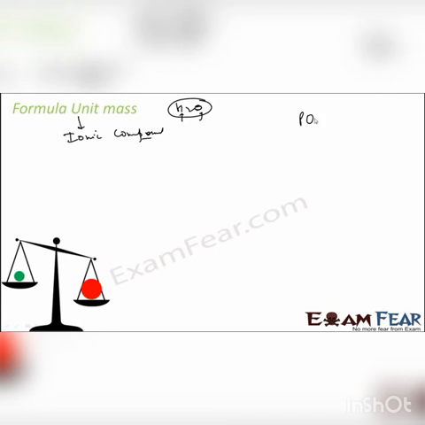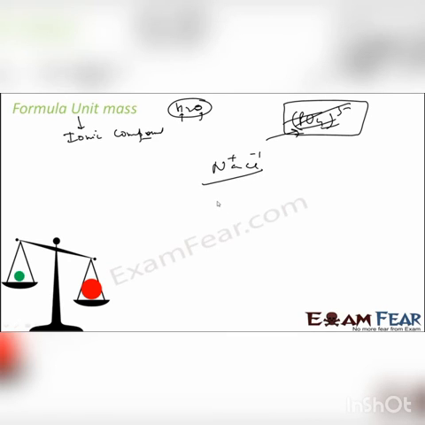Example, let's suppose PO4 3-, and you want to find the mass of this. Or let's suppose NaCl. NaCl is an ionic compound, I want to find the formula unit mass.